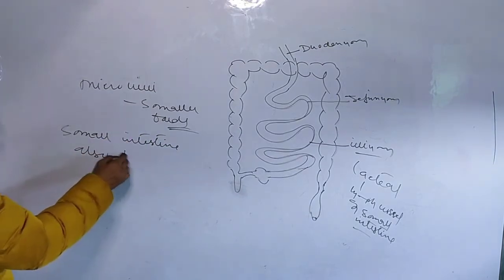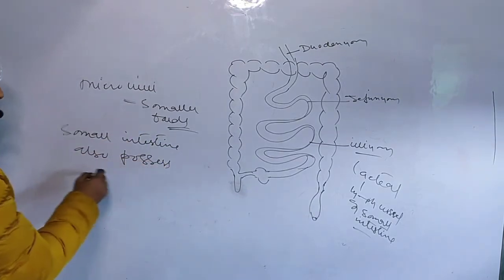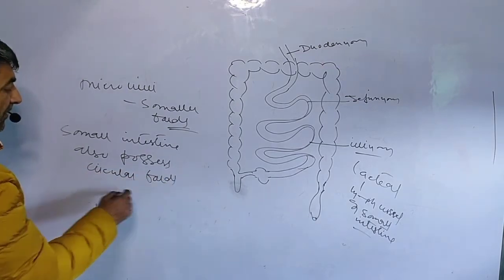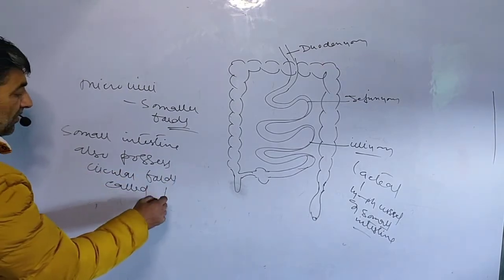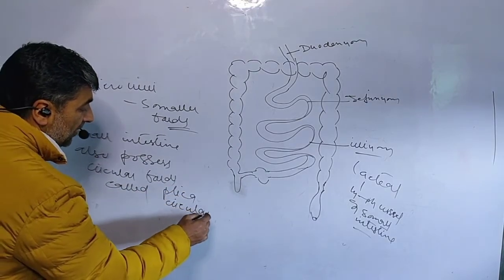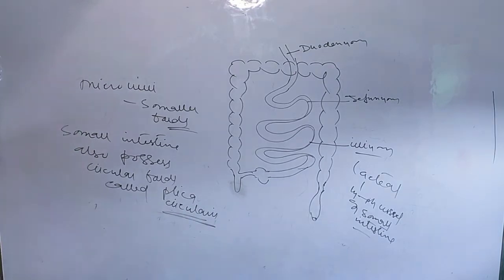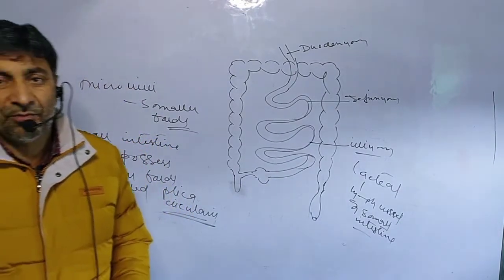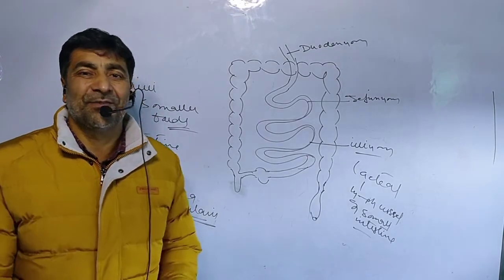These are smaller folds present towards the lumen of the small intestine.